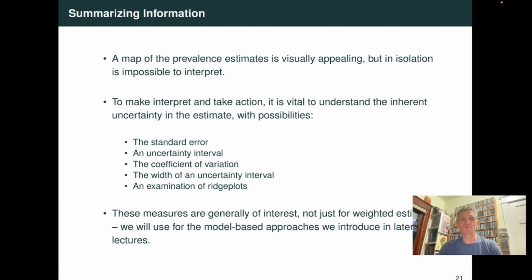I'm going to talk through the standard error, which you're probably familiar with, stating an uncertainty interval, and the coefficient of variation, which is in a sense like the standard error but a standardized version of that. We can also look at the width of an uncertainty interval, and we can examine something called ridge plots. I'll talk through these now, but they're going to be of interest for other things we look at later.